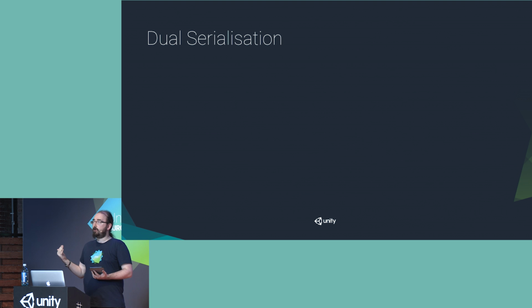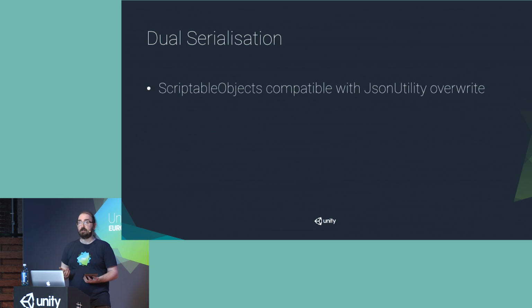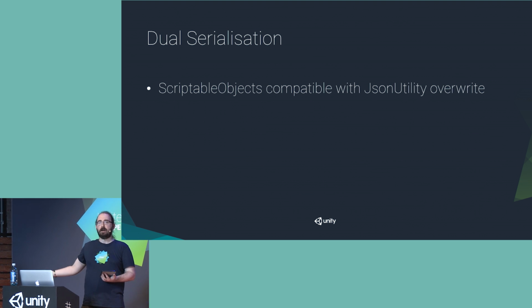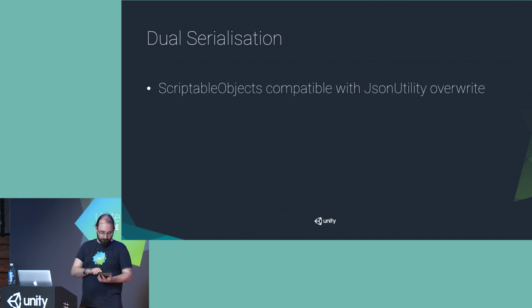But you could also add your own serialization as well. Scriptable objects are fully compatible with the JSON utility overwrite method, which means that you can have a mixture of assets that you've created during design time that are being serialized with Unity's serializer, and assets that got created after that that are being stored as JSON.